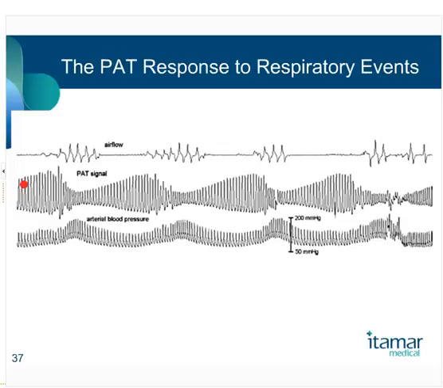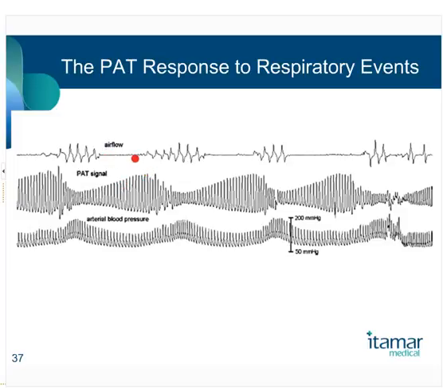So you have here airflow shown in the signals, then you have an apnea, airflow, apnea, airflow, apnea. Look at the PAT signal. You have airflow here, you have attenuated PAT signal, which is from the apnea that preceded this airflow. Then as the airflow is working, you see that there's a vasodilatation in the PAT signal. Now there's an apnea, and again you get attenuation.